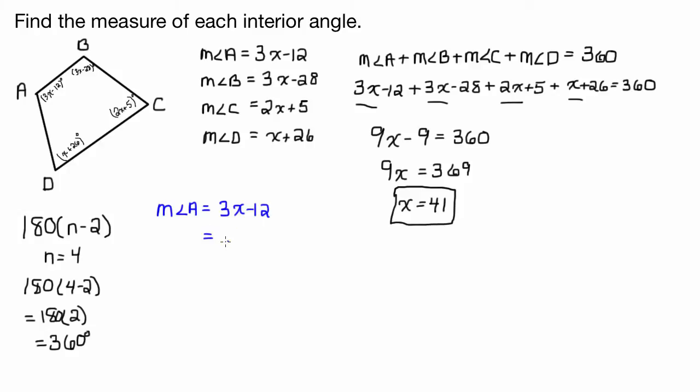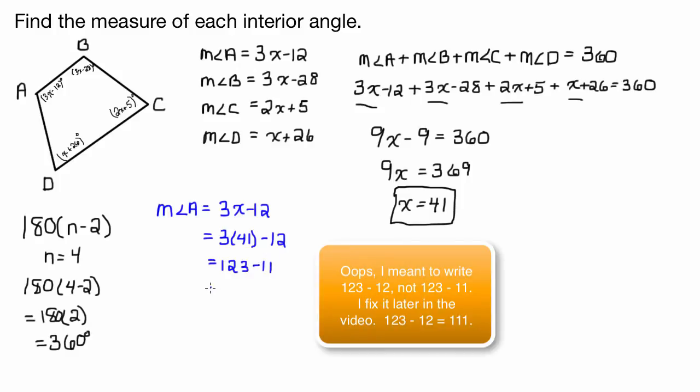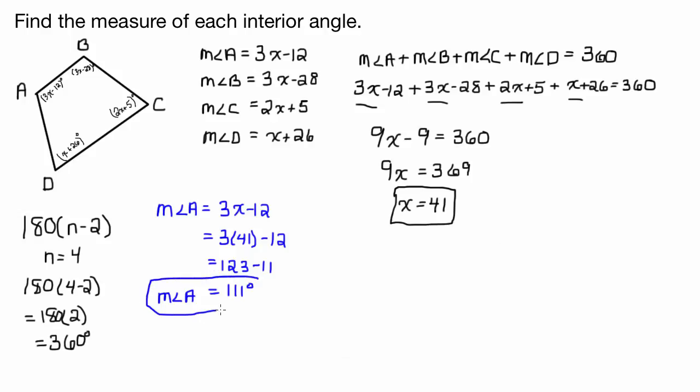Because we know x is 41, it's going to be 3 times 41 minus 12. 3 times 41 is 123 minus 12, and that's going to equal 111. So the measure of angle A is 111 degrees. Perfect. Now I'm going to switch to a different color. Let's try gray, just so you can see the difference here.